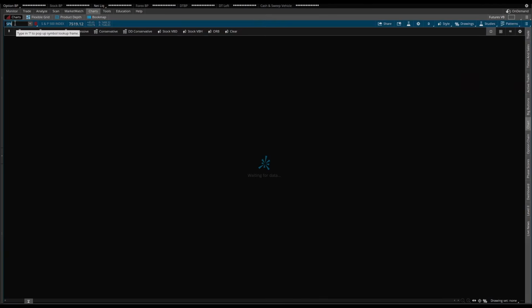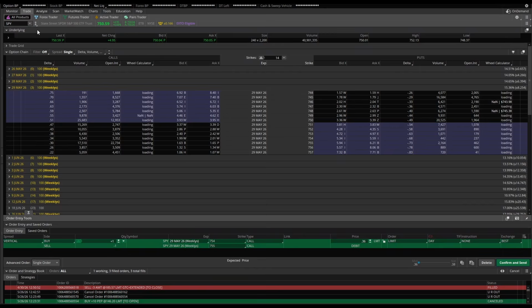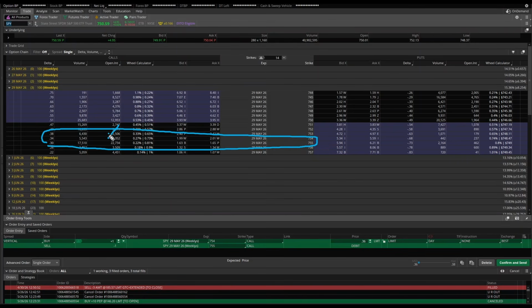Now, before we wrap this video up, we come into SPX and you take a look. Actually, I think this is easier to see on SPY, but take a look at the weekly expiration for this particular week. To me, very clear that this particular strike here, 755, is the one with a lot of open interest on the bullish side. If you were to take a look at any other strike here, it's not really standing out the same way as the 755 strike stands out.